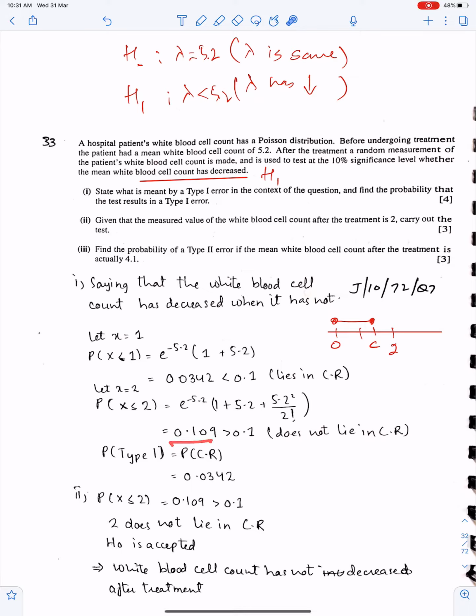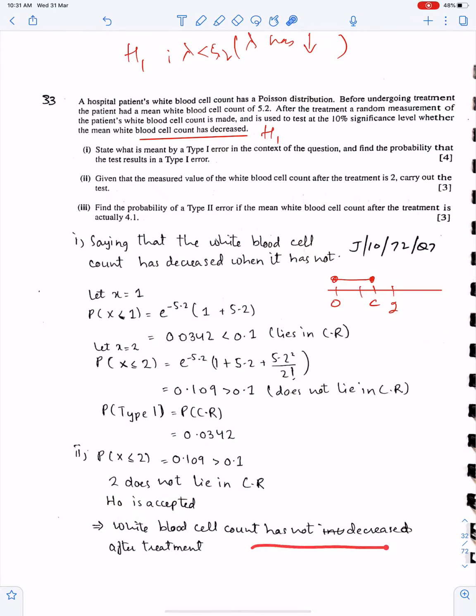So the probability of type 1 is this. Now 2 is not in the critical region, therefore accept H naught and reject the claim. White blood cell count has not decreased after treatment.